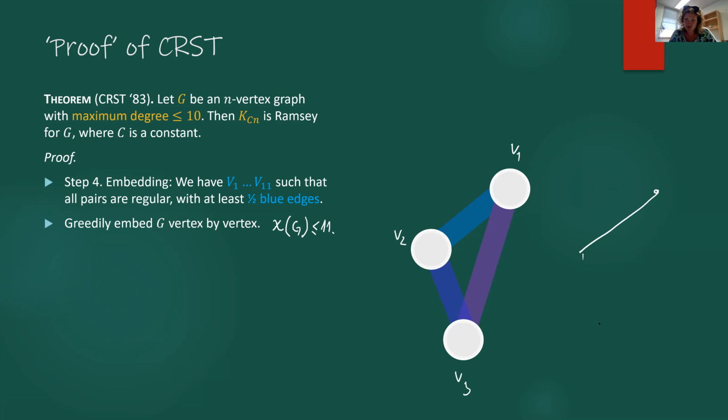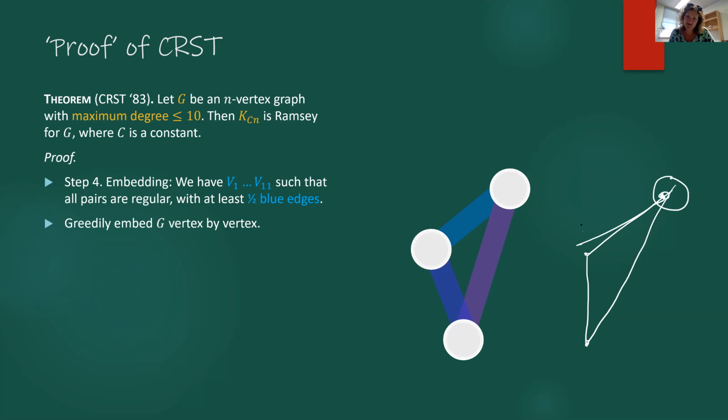So let's say we want to embed a graph that looks like this. We promise that it fits inside the parts V1, V2, V3. And we'll label the vertices here with 1, 2, 3, and 4. And we want to embed these graphs here using regularity.